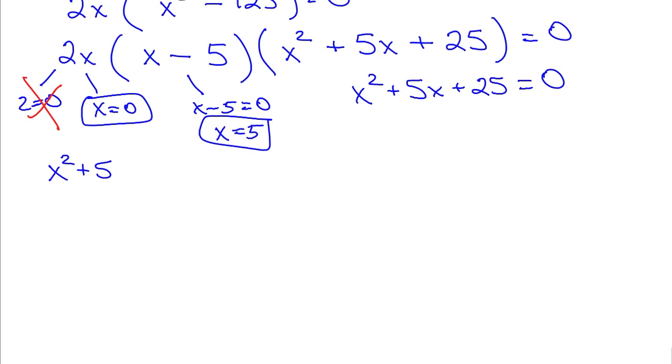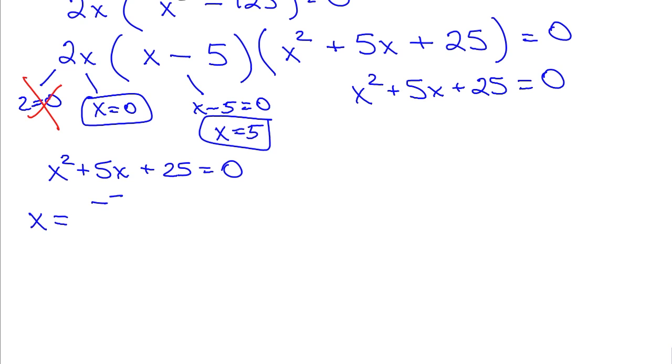It's a quadratic. Since it came from the difference of two cubes, and the highest power in the original cube was actually a cube, it was x to the third power, then this one will always have imaginary answers. So we'll go ahead and use the quadratic formula on that.